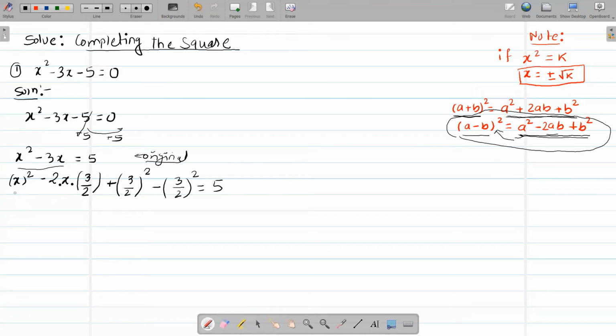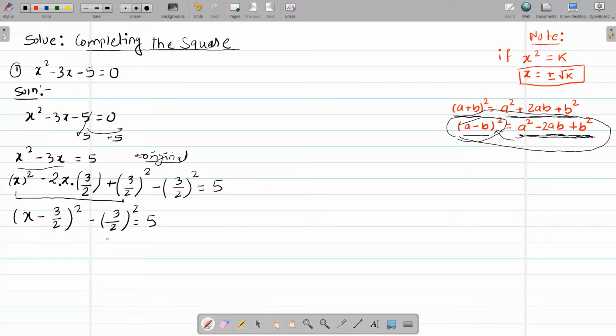Now if we see here in these two, we have a square minus 2ab plus b square. So if we have a square minus 2ab plus b square, we can write (a minus b) square. So here a is our x, b is 3 over 2. We still have minus 3 over 2 square is equal to 5.